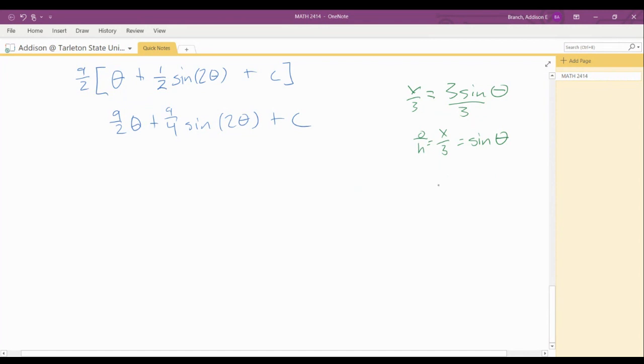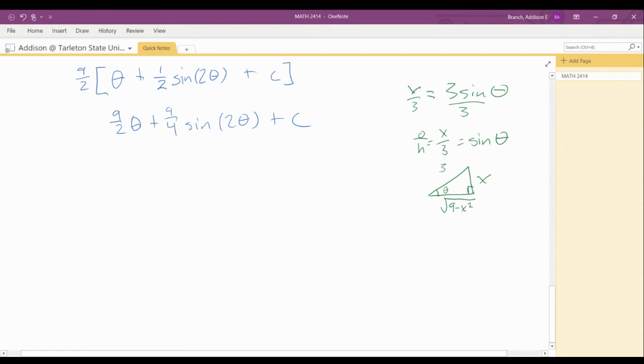So we're going to go ahead and draw our triangle. We have our theta here, so therefore our opposite is x. Our hypotenuse is going to be 3, and our adjacent is the square root of 9 minus x squared.